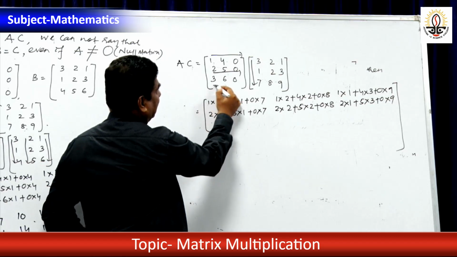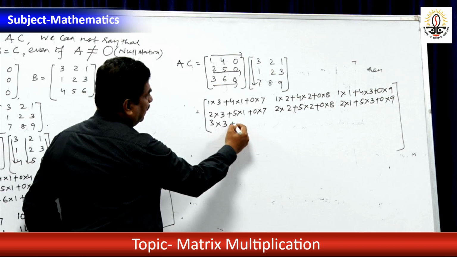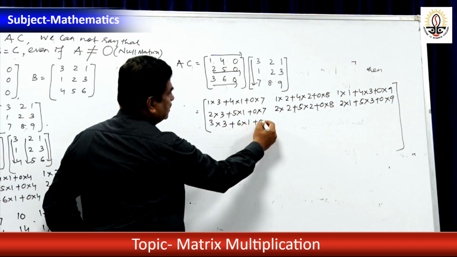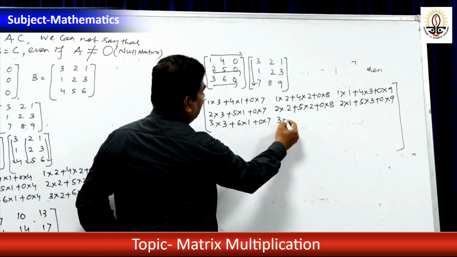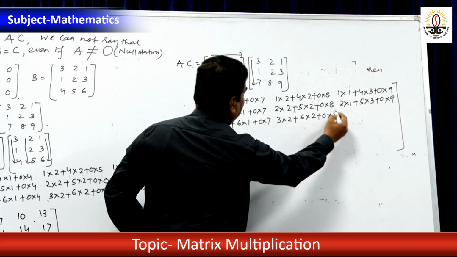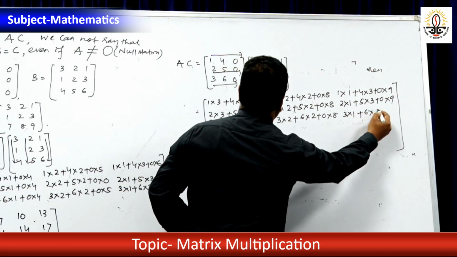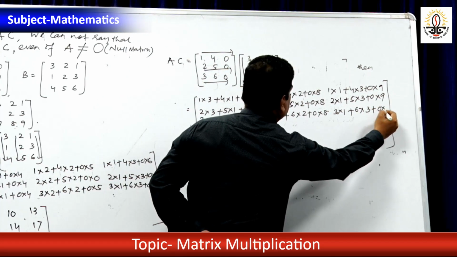Third one, third row with first column: 3 into 3 plus 6 into 1, 0 into 7. 3 into 2 plus 6 into 2, 0 into 8. Again you see 3 into 1, 6 into 3 plus 0 into 9.